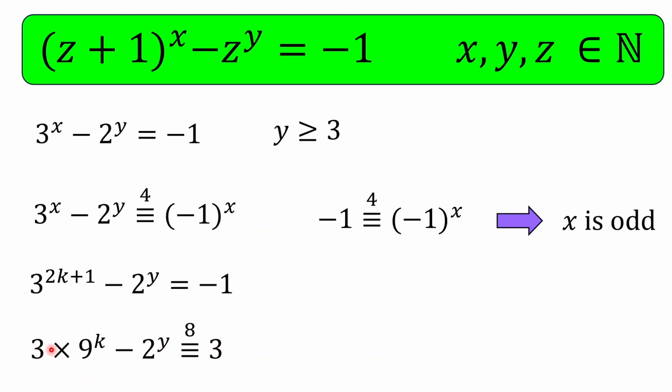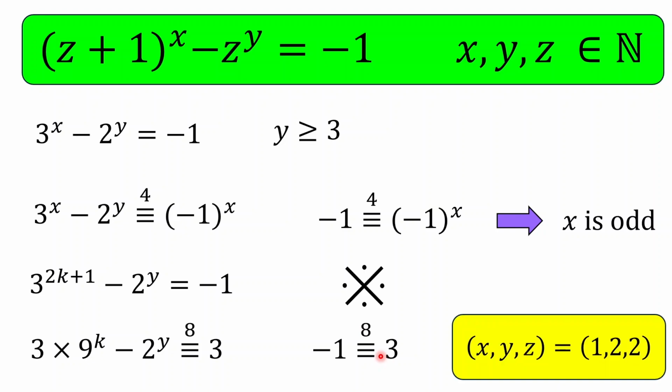This is 0. So this side, modulo 8, will be 3. But again, we know that this is equal to minus 1. Therefore, minus 1 modulo 8 has to be 3, but this does not have a solution. That means the only correct solution is what we obtained in the previous case, and that is x, y, z equal to 1, 2, and 2.